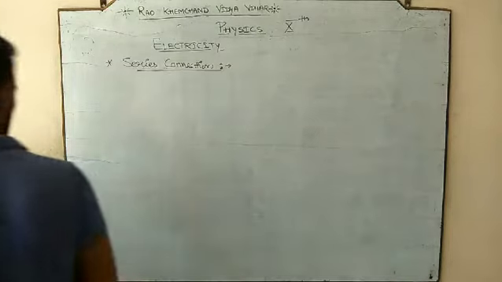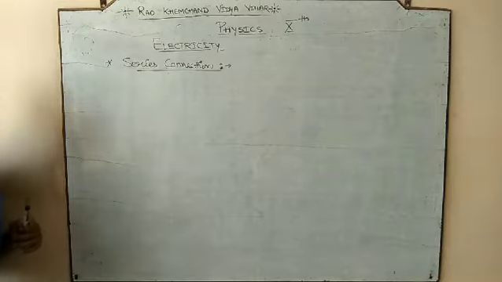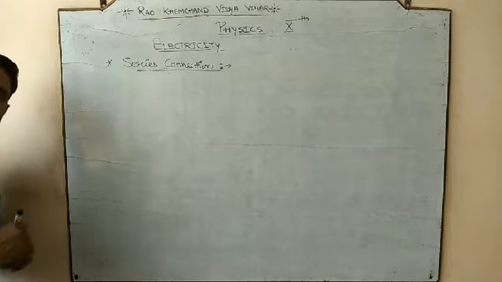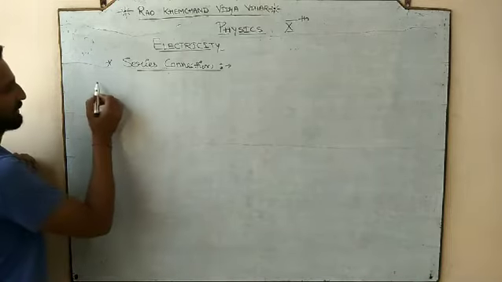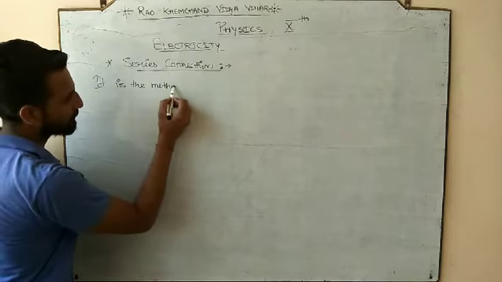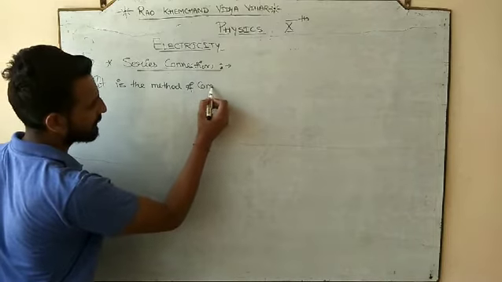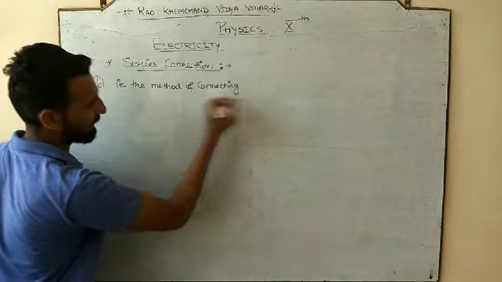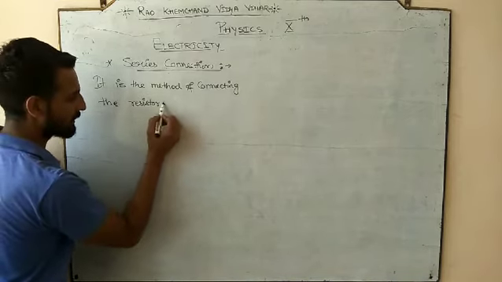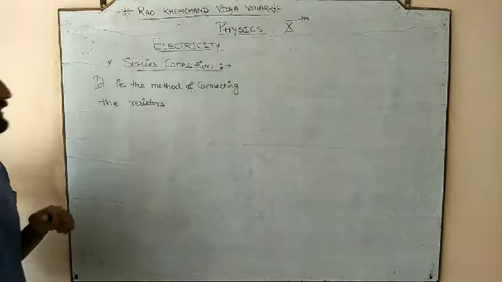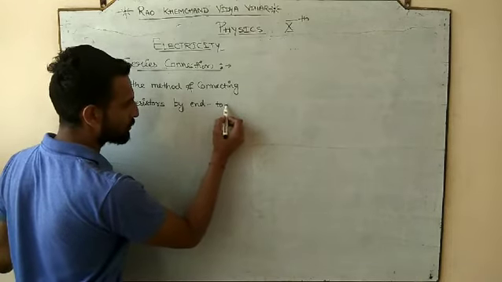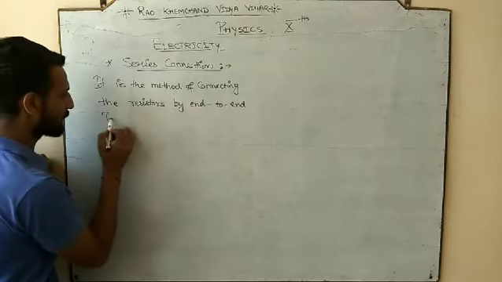In the same manner, we are going to study two ways of connecting the resistors, and the first way is series connection. So what is the series connection? It is the method of connecting the resistors end to end terminals.